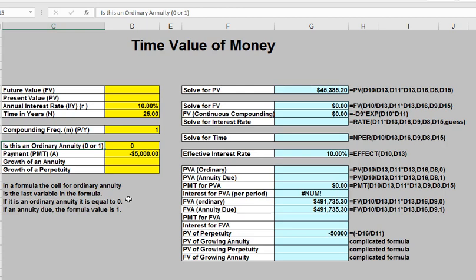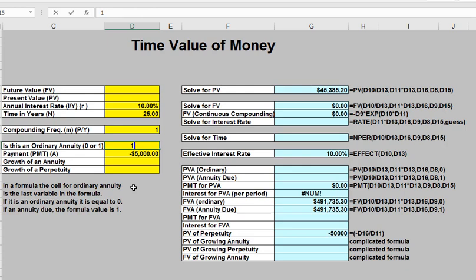But if the problem says we're going to invest $5,000 a year and we're going to begin today, that's an annuity due. So what happens if I switch from making payments at the end of the year to making payments at the beginning of the year? I need to change this ordinary annuity cell from a 0 to a 1.